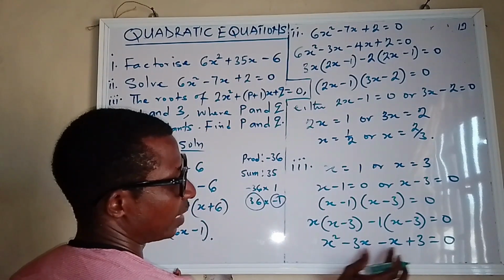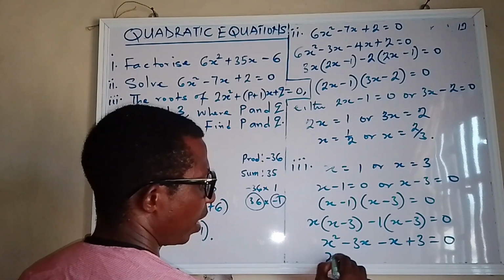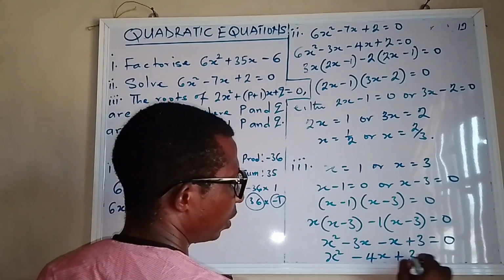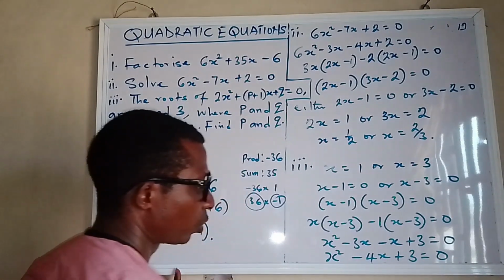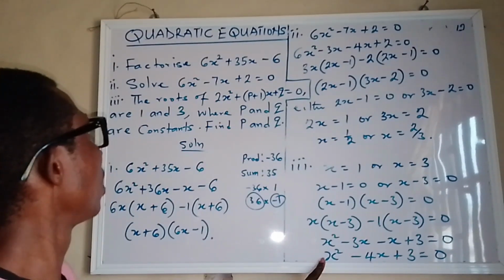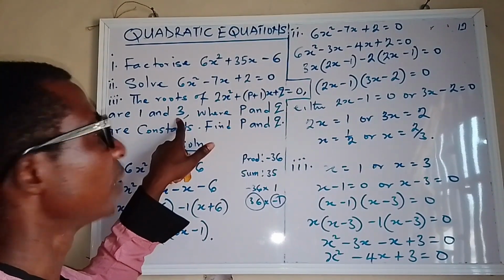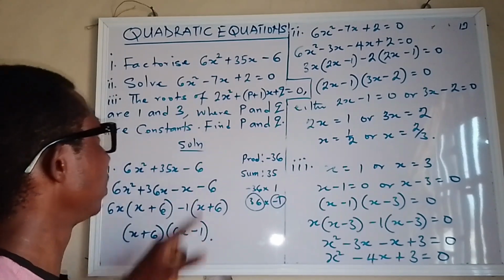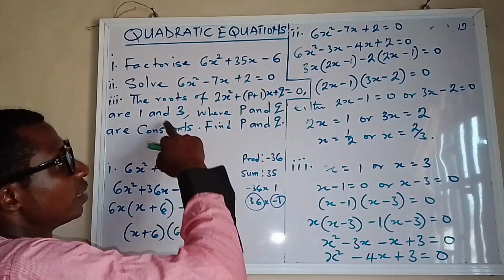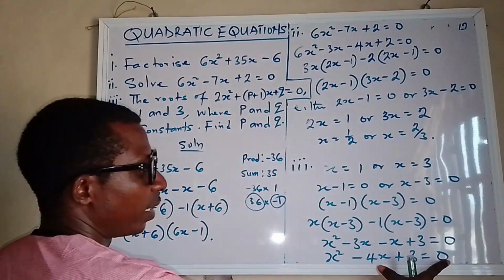So this and this can be joined together. So we have x squared minus 4x plus 3 equals to 0. So now this is the quadratic equation whose roots are these. And we also were told in the question that this is also the quadratic equation whose roots are these. That means this and this are equal.